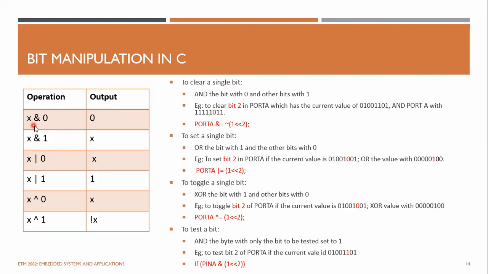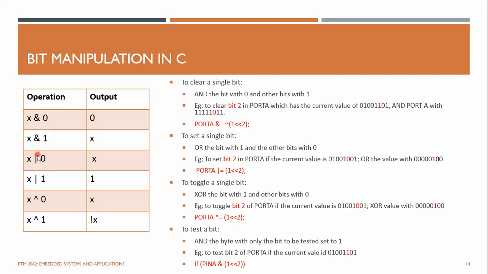If you AND any bit with 0, X is either 1 or 0, right? So X AND 0, the output will be 0. And if X AND 1, you will get X, not 1, right? Because if it is 1, you will get 1. If it is 0, you will get 0.